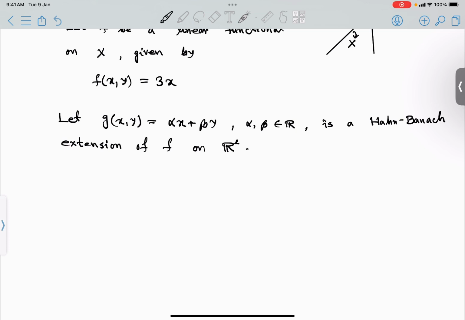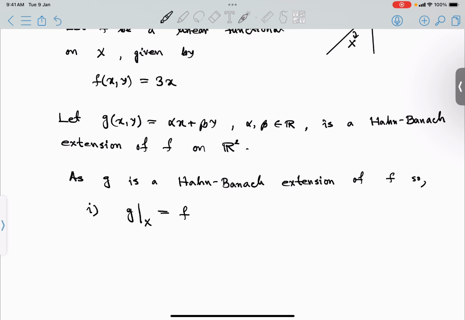So from the Hahn-Banach extension we get that g is a Hahn-Banach extension of f. We have two properties. First, if we restrict g to X, it will be the same as f.